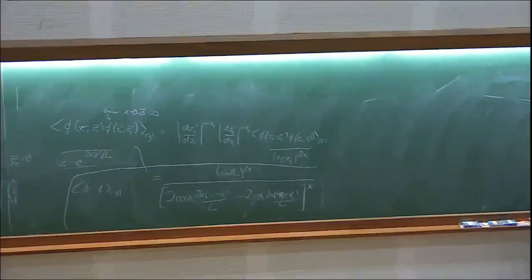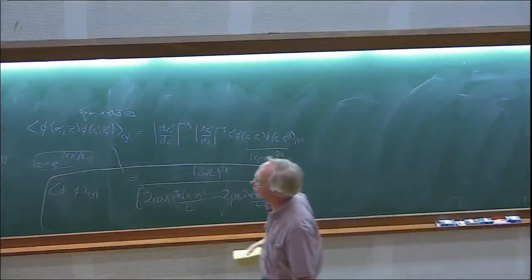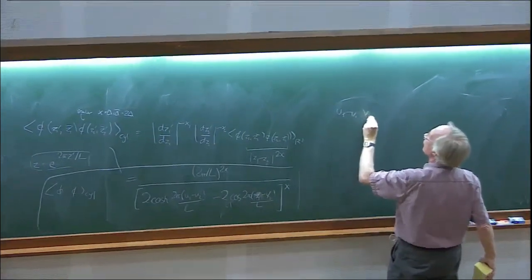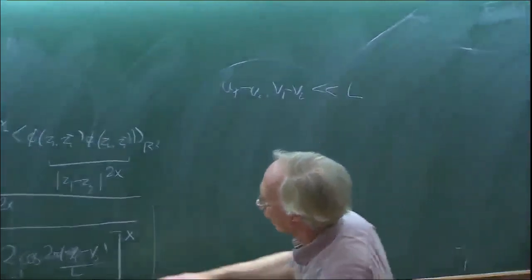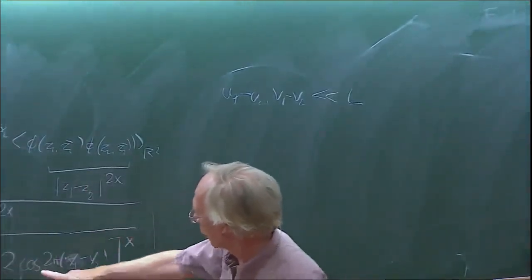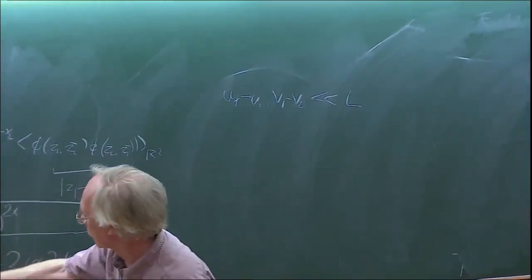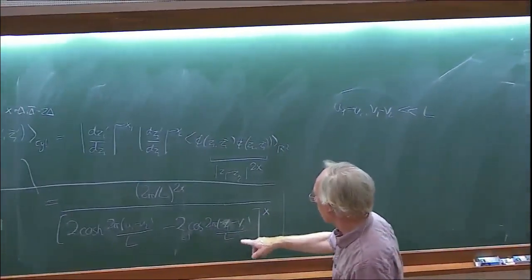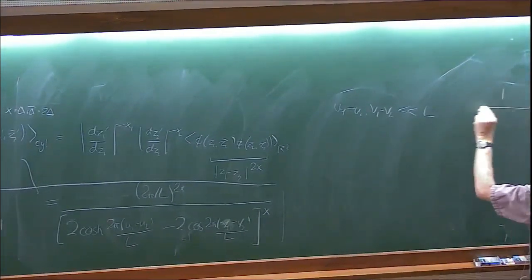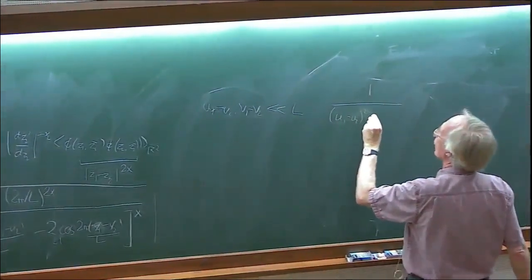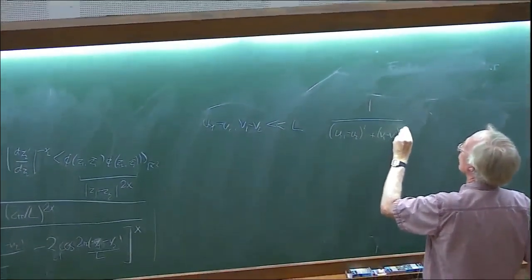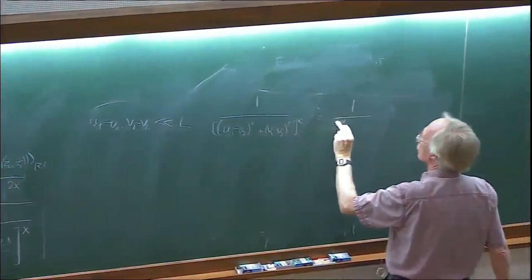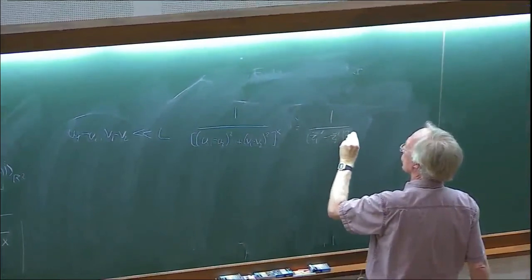First of all, if we think about distances which are much, much smaller than the circumference, so if u1 minus u2 and v1 minus v2 is much, much less than L, then I can expand out this hyperbolic cosine and this real cosine, and I get 1 minus this thing squared, 2 minus this thing squared, minus 2 minus this thing squared, and you can check that what you get is 1 over (u1 minus u2 squared plus v1 minus v2 squared), all raised to the power x, which is 1 over mod C1 prime to the C2 prime to the 2x.